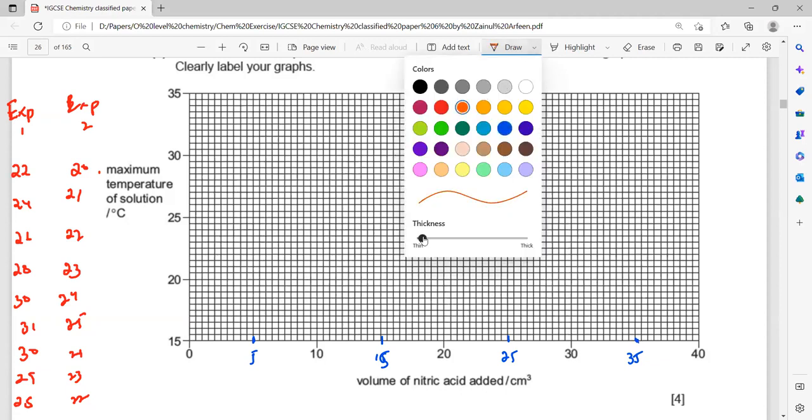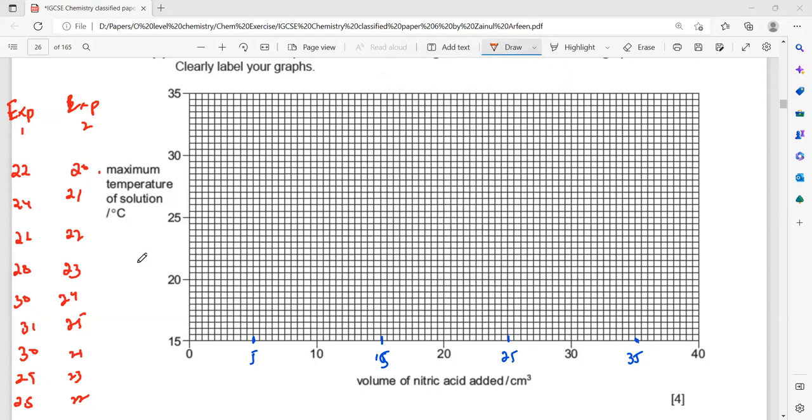The first point was at 0 and 22. Here two boxes equal 1, so this will be 21, this will be 22. Then 5 and 24. Then 10 and 26. Then 15 and 28.